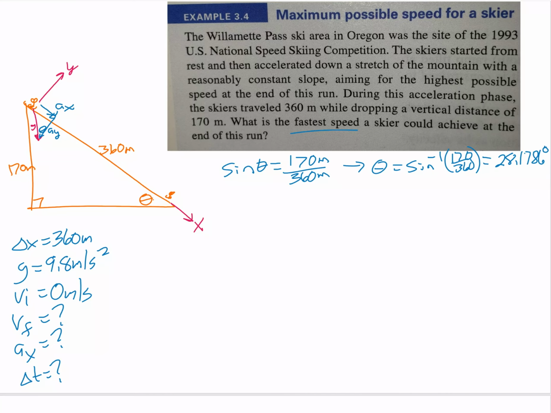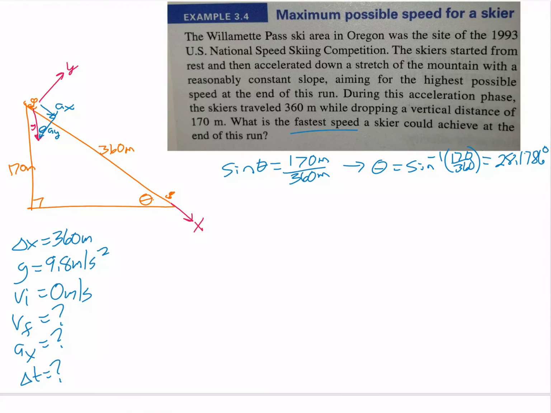All right, now what? We have the angle. So now we can calculate a sub x now that we know the angle. We know g and the angle. So how do I calculate a sub x?